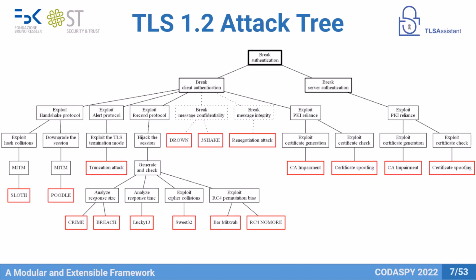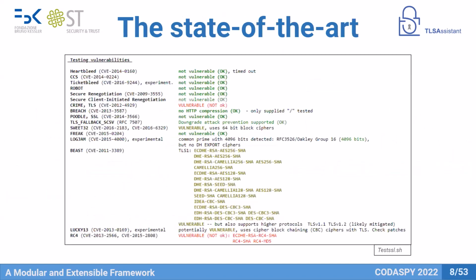So now let's see why this is still an issue. This is a fragment of a report of a tool called testssl, which is a state-of-the-art tool. As you can see, the report shows every check the tool has done, along with not vulnerable and vulnerable lines, colored if you want.